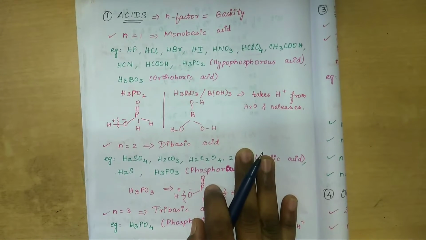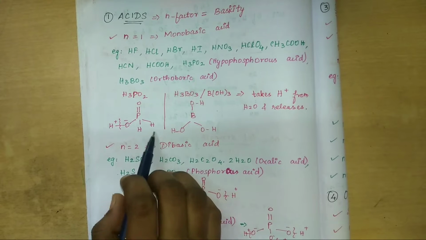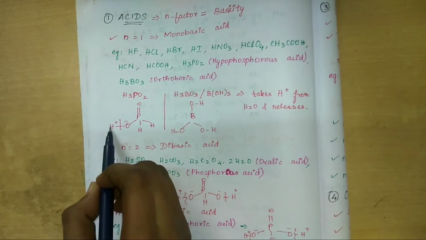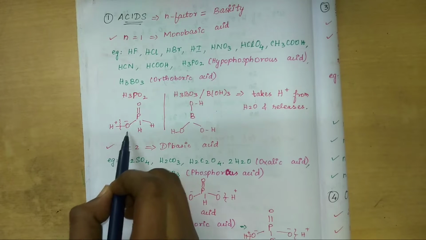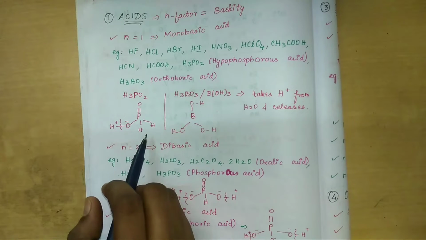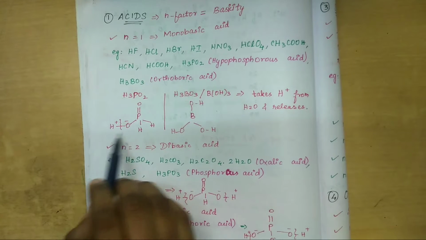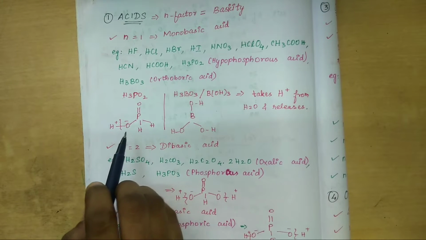What is the structure for hypophosphorus acid? H3PO2 has this structure in which one hydrogen is attached to oxygen, and when a particular energy is given, it releases H plus ions, and hence it is a monobasic acid.